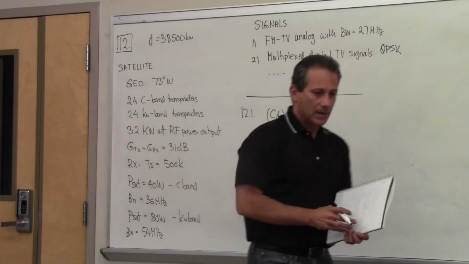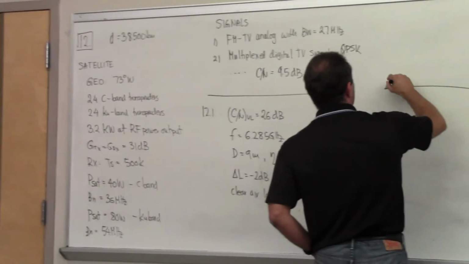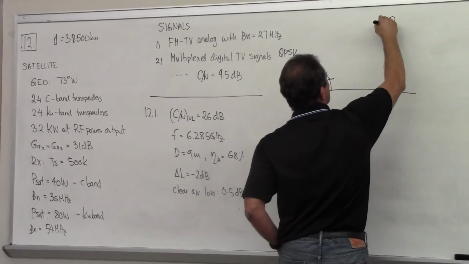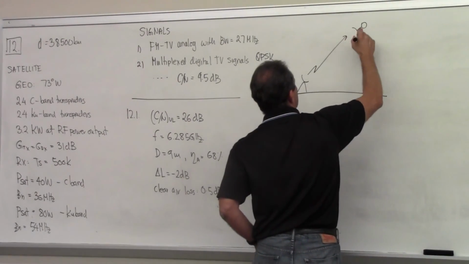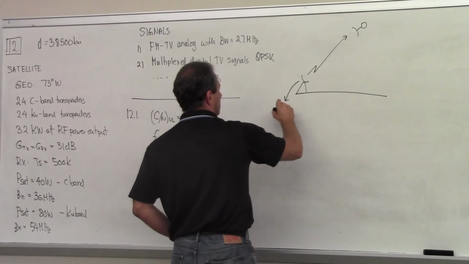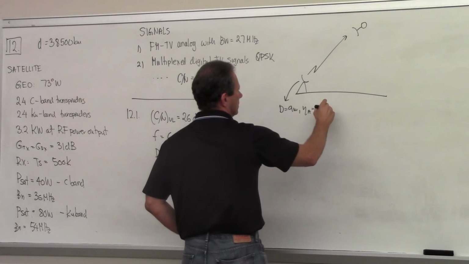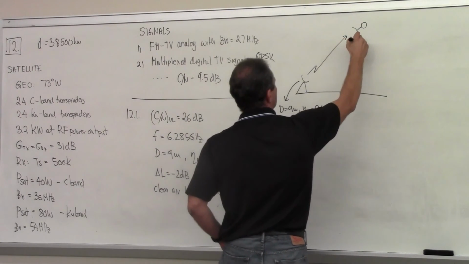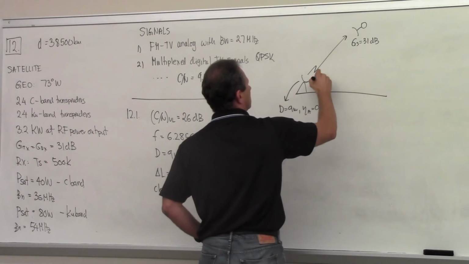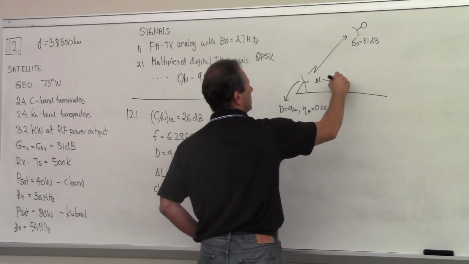Okay. Again, it's always useful to draw what it is that we are required to do here. Here's your humongous Earth station antenna talking to this satellite. This is the link that we're designing. This antenna has a diameter of 9 meters and 0.68 efficiency. The satellite antenna has a gain of 31 dB, but we are at delta L of minus 2 dB, so we are not in the main beam of this antenna.